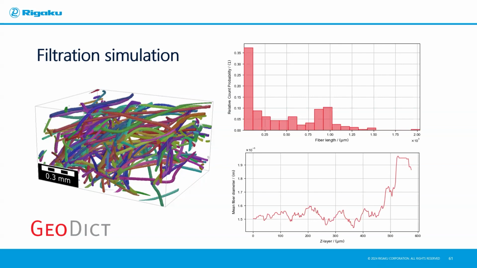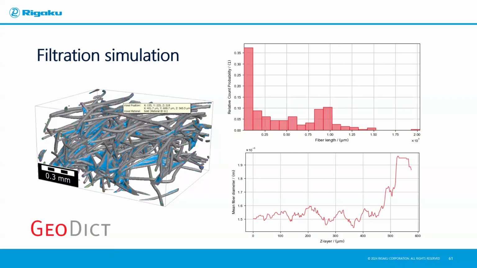And additionally, GeoDict has AI tools to identify binder within the segmented volume as well. So once you have all of your filter media characterized, then you can either do simulations, but you can also create virtual media or variations on a given fiber, and then also perform simulations with them.